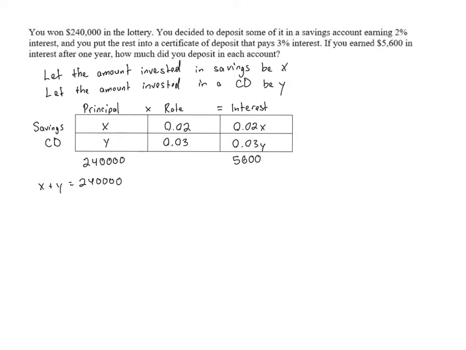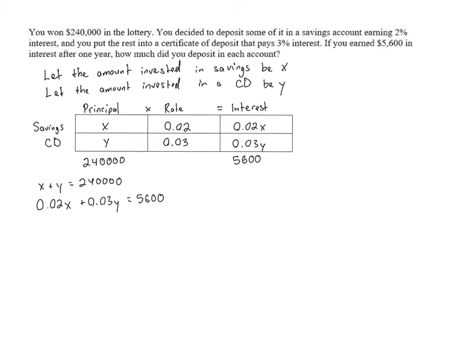The second equation comes from the interest column because 0.02x and 0.03y were the amounts of interest for each account, and the total interest was 5,600, we know that 0.02x plus 0.03y equals 5,600. Now that we have our system of equations we have to solve, and again we'll use substitution.